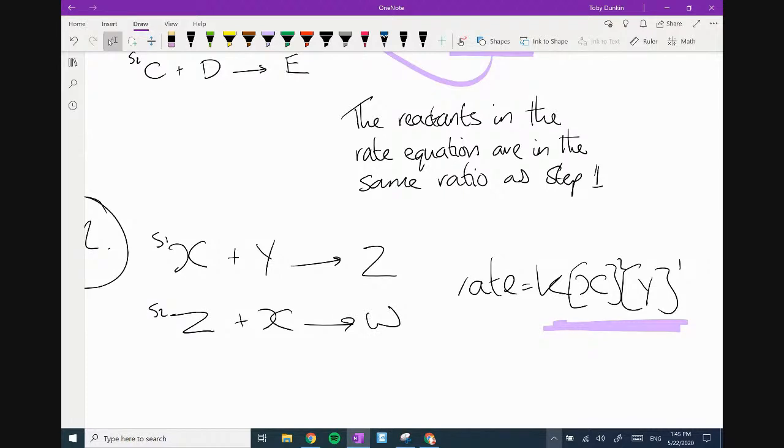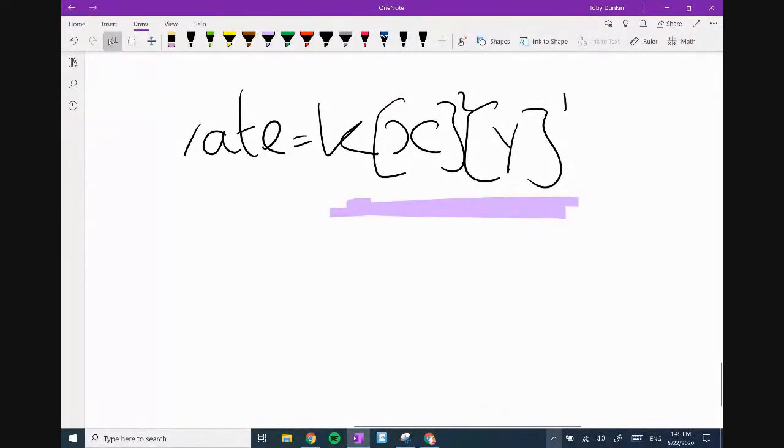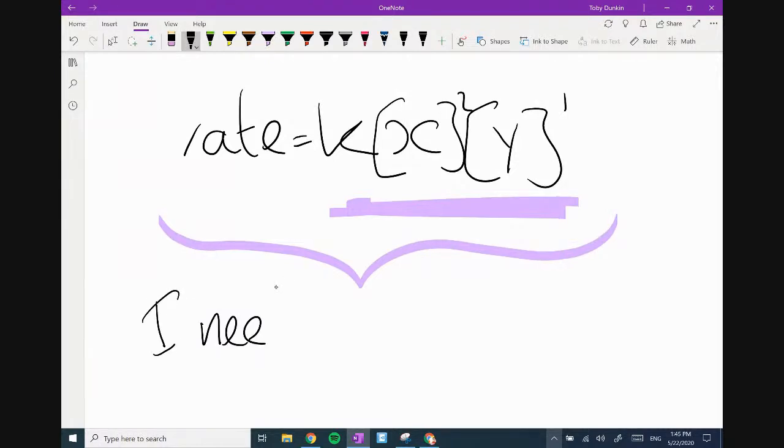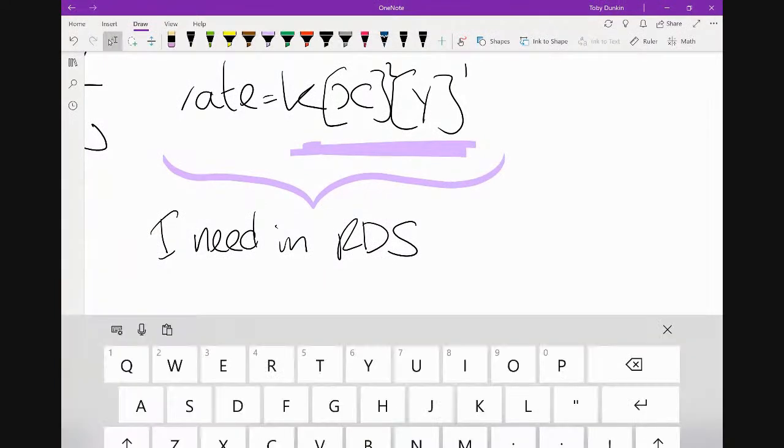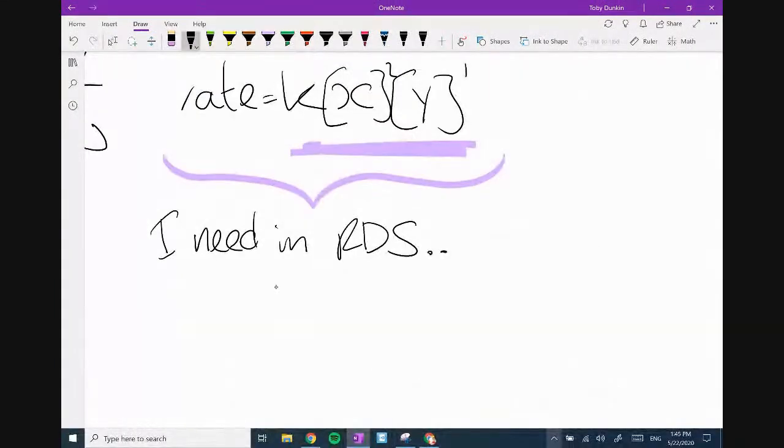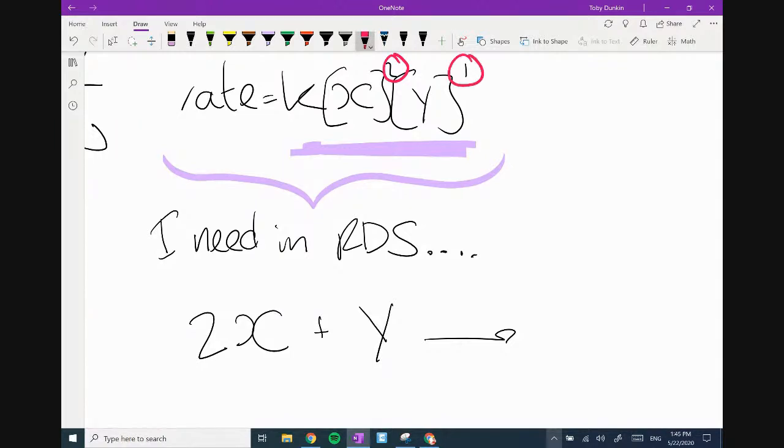X and Y are in the... Nah, Dixon, you've fallen into their trap. The rate equation says what I need for the RDS: I need, in order, 2 X's and 1 Y. That's what I need, because these are the powers in the RDS.